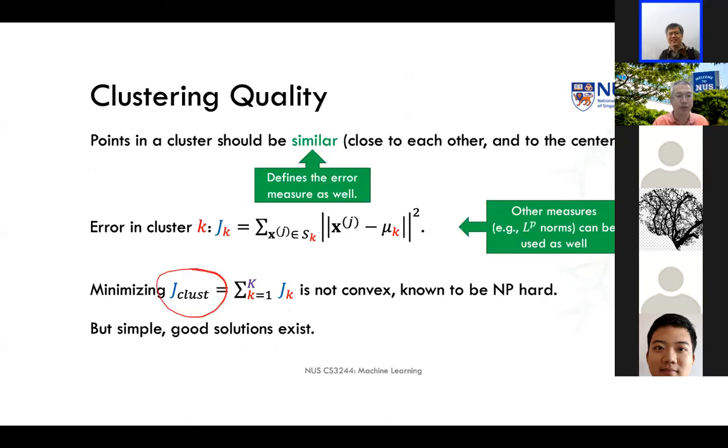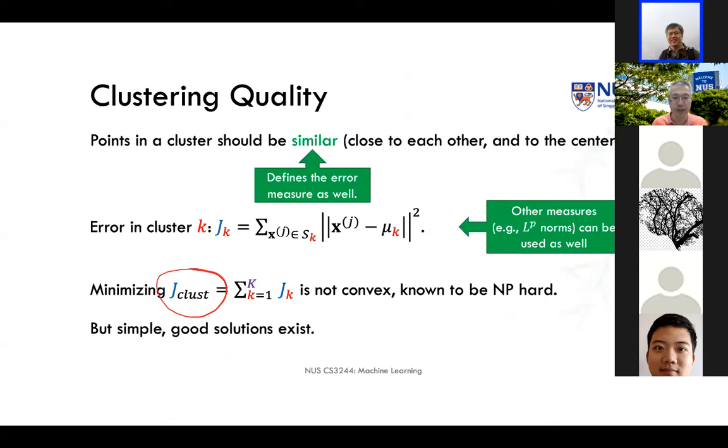We want all of the points in some way to be similar to each other. That's what a cluster means. They have to be points that are close to each other and to the center, the centroid. So we can think about trying to minimize some form of this.